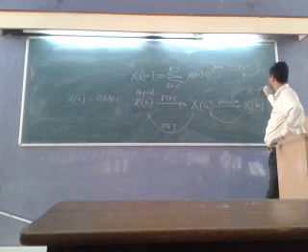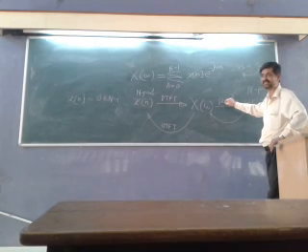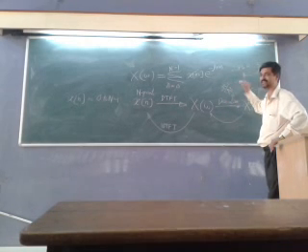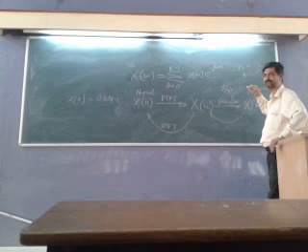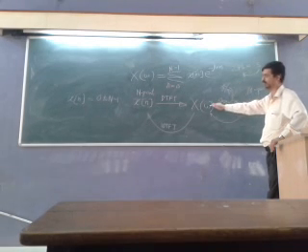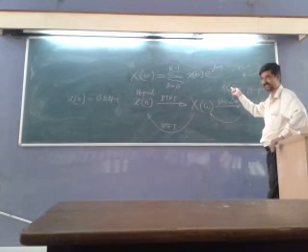Suppose you collect n equally spaced samples at an interval of 2 pi by n. The first is at omega equal to 0, next at omega equal to 2 pi by n, next at 2 pi into 2 by n, or 2 pi k by n, each sample.